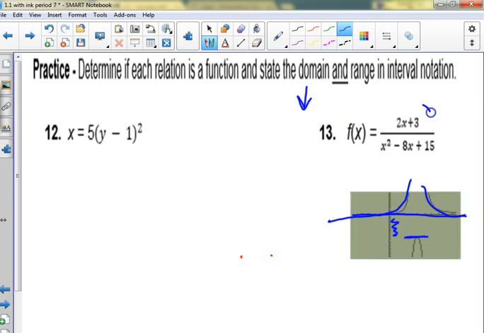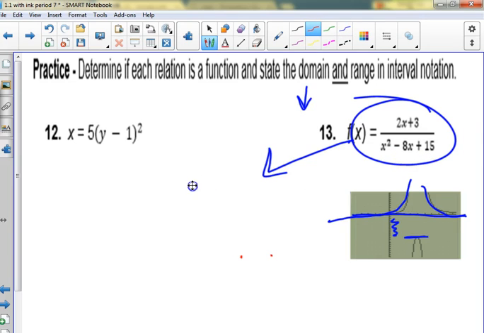I really want you to be able to do the domain restriction on this. Okay, the big deal for domain, remember, is there an x in the denominator or is there an x under a radical? Otherwise, the domain's all real numbers, okay? So don't let it freak you out. This has x's in the denominators, so the issue is you have to say, well, the denominator can never equal 0.